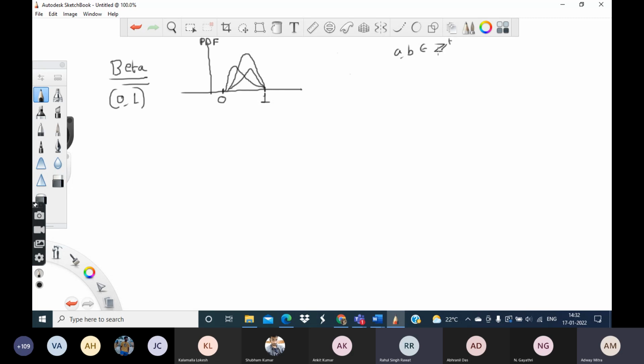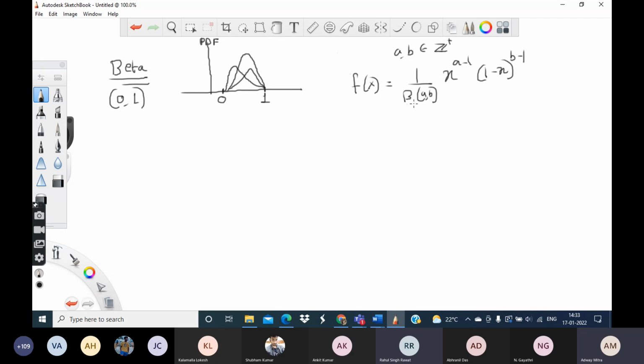So we say that they are part of Z plus. The PDF is defined as f(x) is equal to x to the power a minus 1, times 1 minus x to the power b minus 1, divided by the beta function.